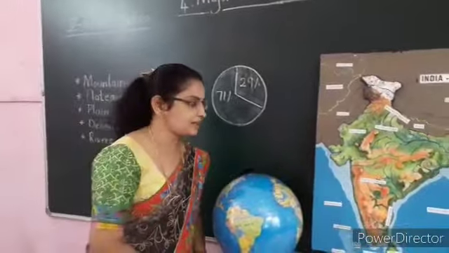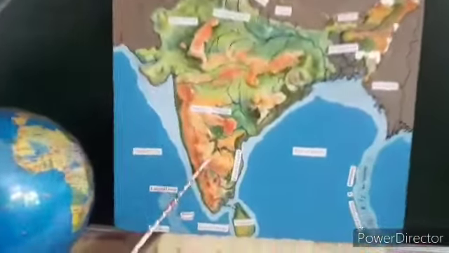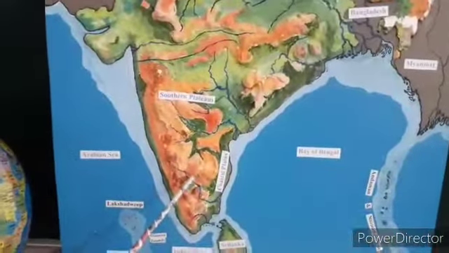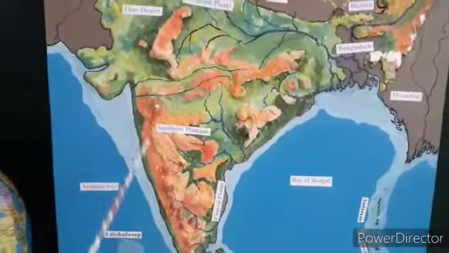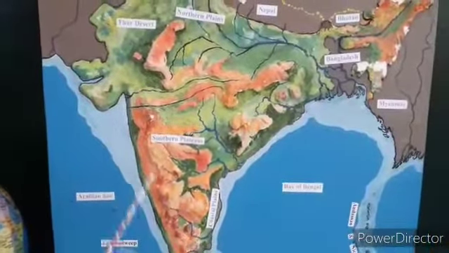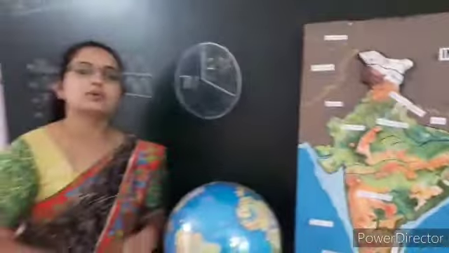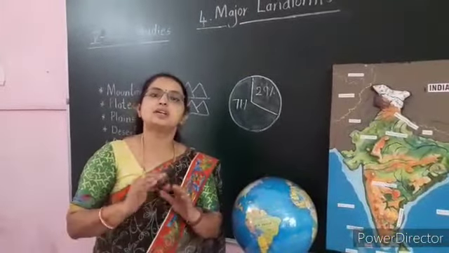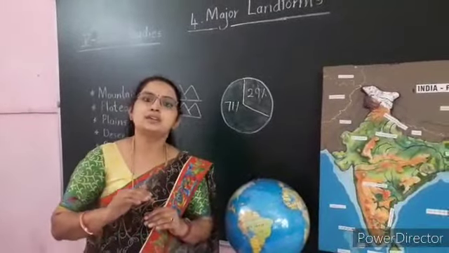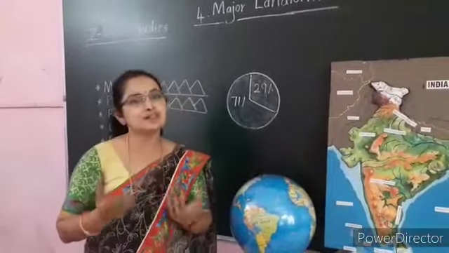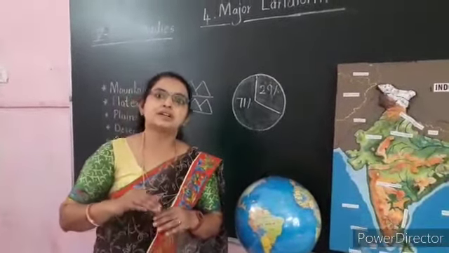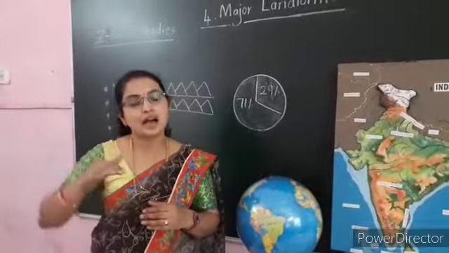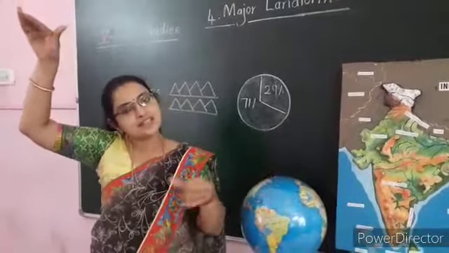For example, Ooty and Kodaikanal in Tamil Nadu in the Southern Plateau. Ooty and Kodaikanal are hill stations. Hill stations are cool even in the summer season. They are located at high altitude at the same latitude.